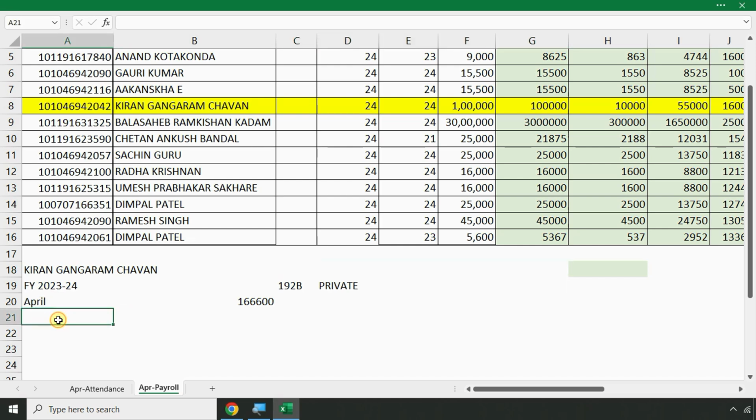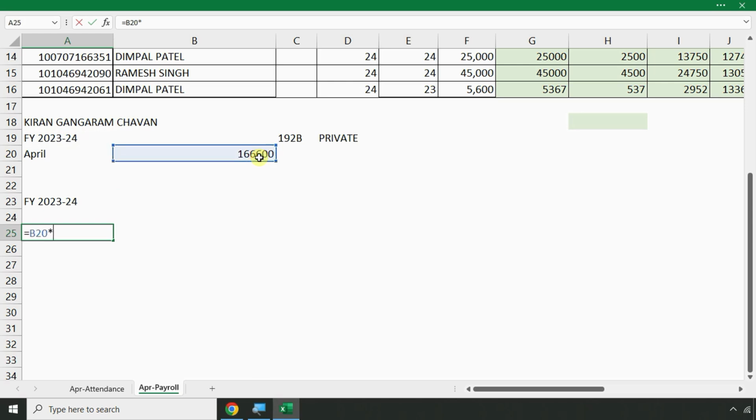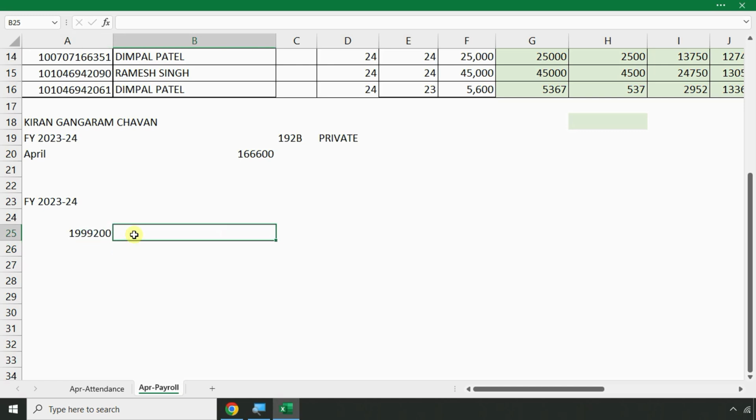Look, when we file the returns, if we pay monthly salaries of 1,66,000 for 12 months, 19,99,200 is Kiran Gangaram's salary he is earning in financial year 23-24. When will he pay taxes to the government?